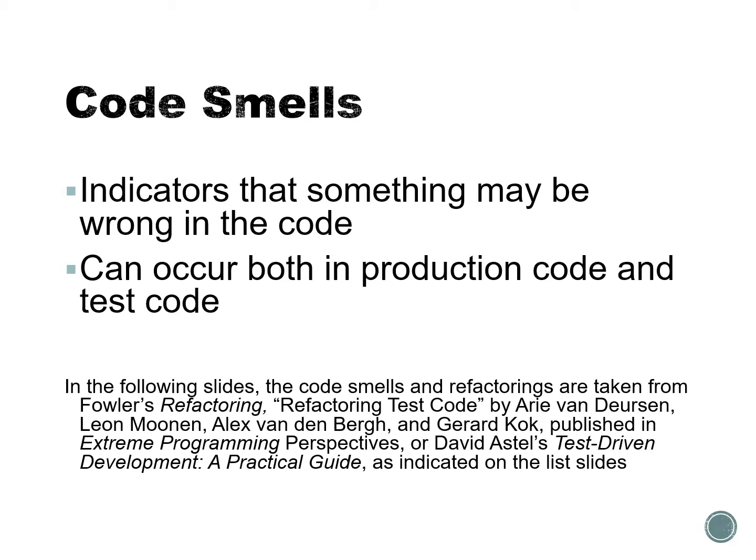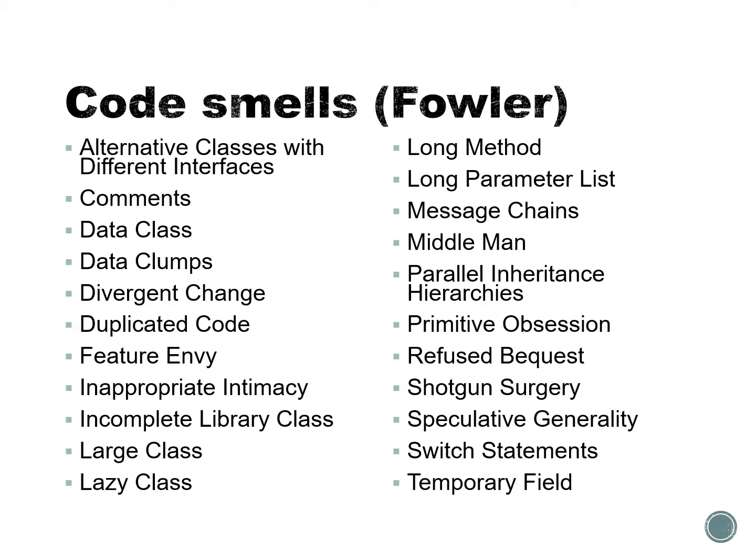But the idea of what are the different types of things that indicate that the code is problematic or there's a smell in it, there are several things there. These all are taken from that book. We'll take a look into a couple of these things.